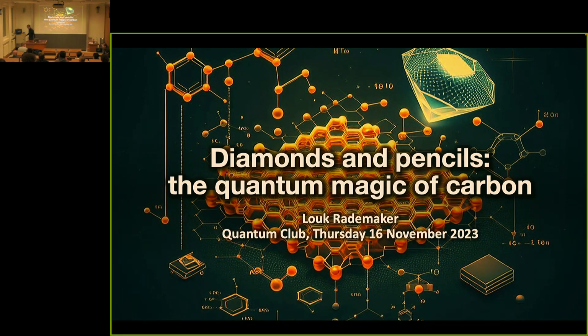But in general, I was asked to give a talk not only about this type of carbon, but any type of carbon, because not only does this provide you with some cool quantum mechanical effect of actually levitating things, carbon is also an interesting material in that you yourselves are mostly made of carbon, right?